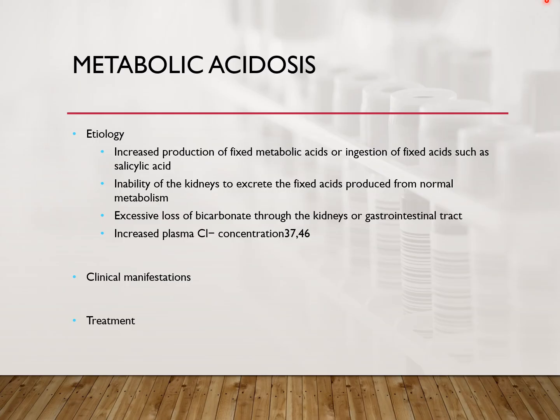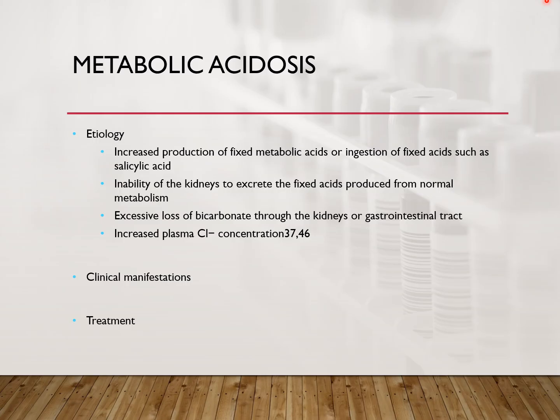The clinical manifestations of metabolic acidosis are things like weakness, fatigue, general malaise, and headache. They may also experience things like anorexia, nausea, vomiting, and abdominal pain. If uncorrected, it can cause decreased level of consciousness. If our pH falls to levels near 7.1 to 7.2, it will start to impair our ability to maintain cardiac contractility.